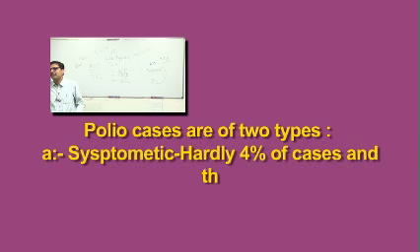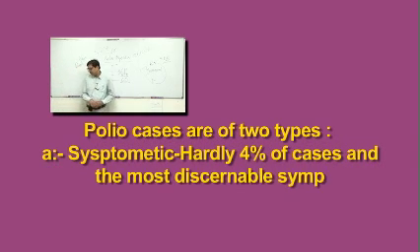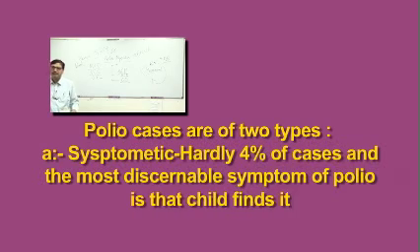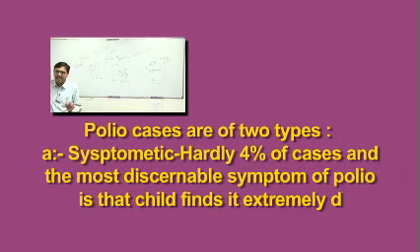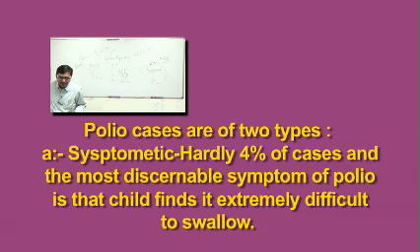Hardly 4% of cases are of this type. The most discernible symptom, discernible meaning distinguishable, of polio is that the child finds it extremely difficult to swallow.